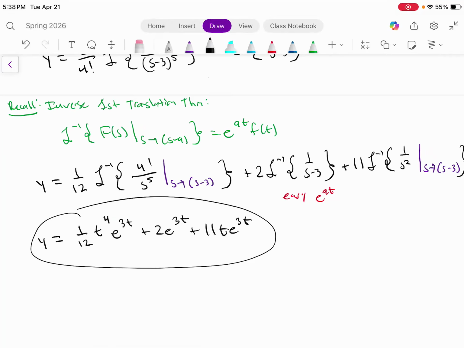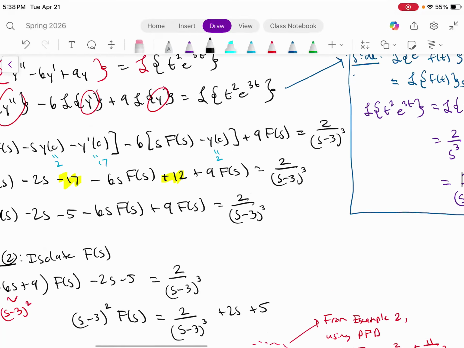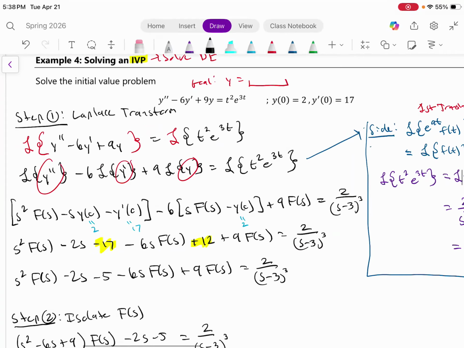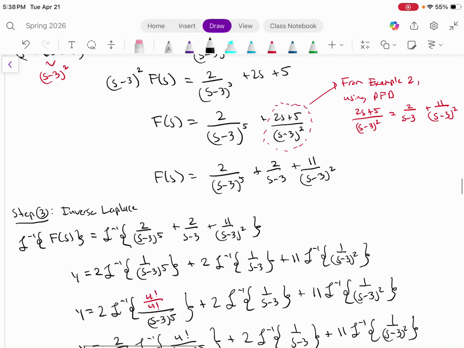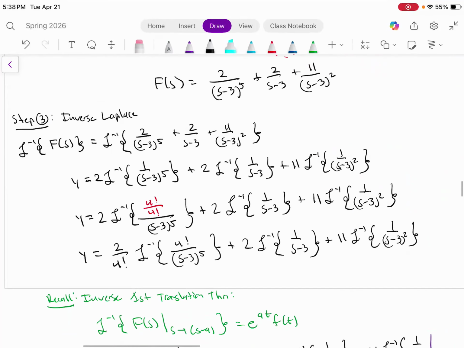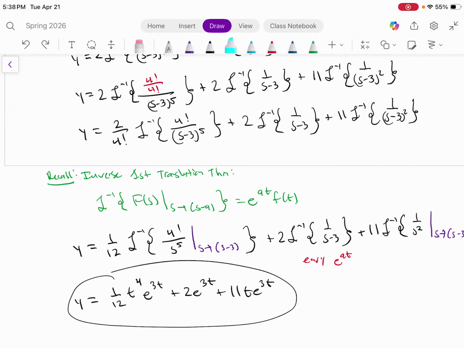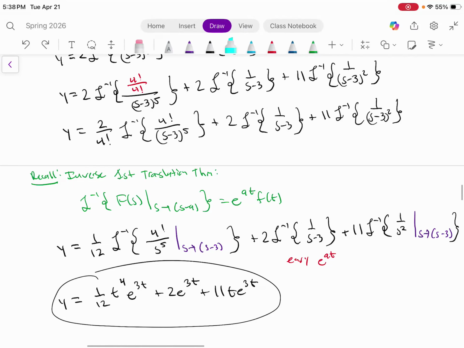So that's our first example of solving an initial value problem. It's the same idea where we Laplace transform, isolate F of s so that we can inverse Laplace and end up with y. And here we have different situations where we need to use the first translation theorem or the inverse first translation theorem and shifting.